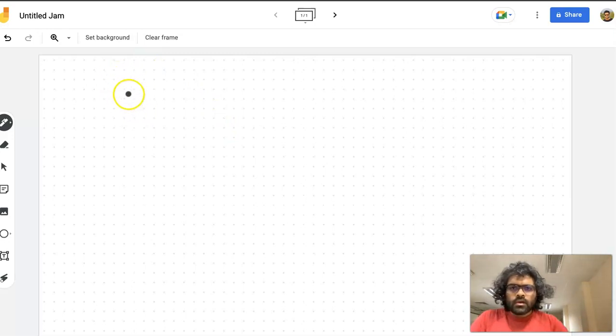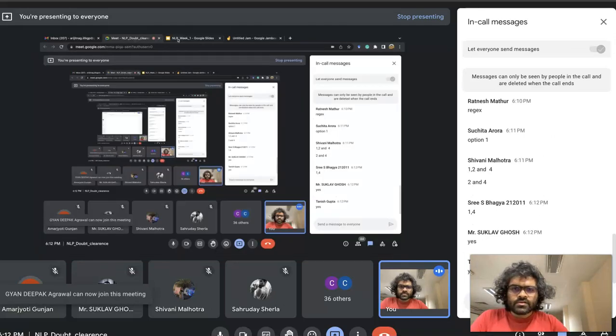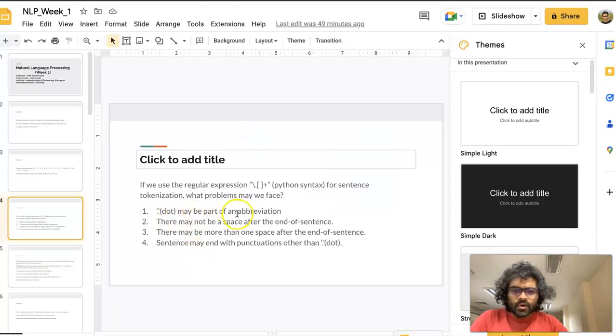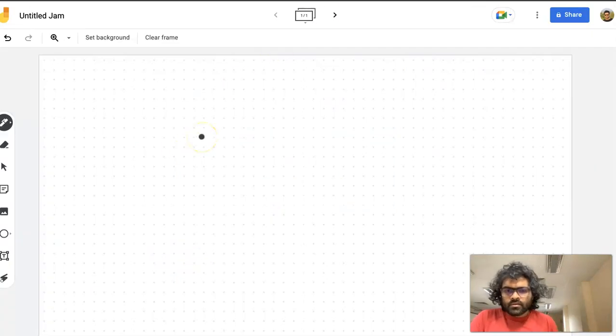Okay, so the first option is that the dot may be part of an abbreviation. Suppose we have "Mr. Ram".